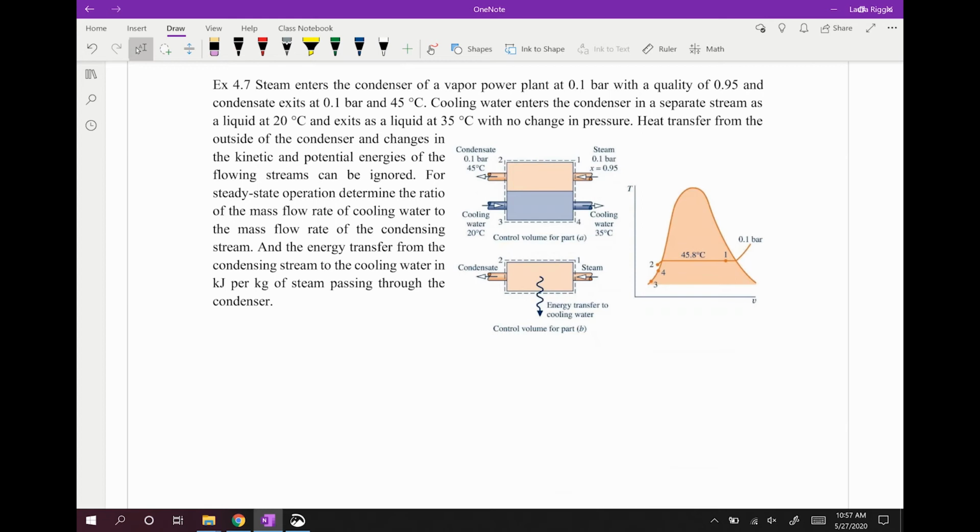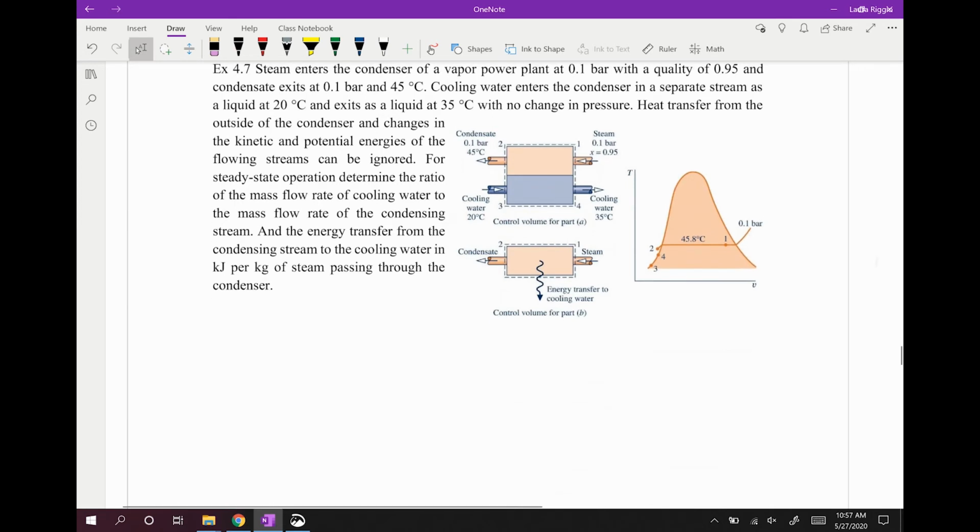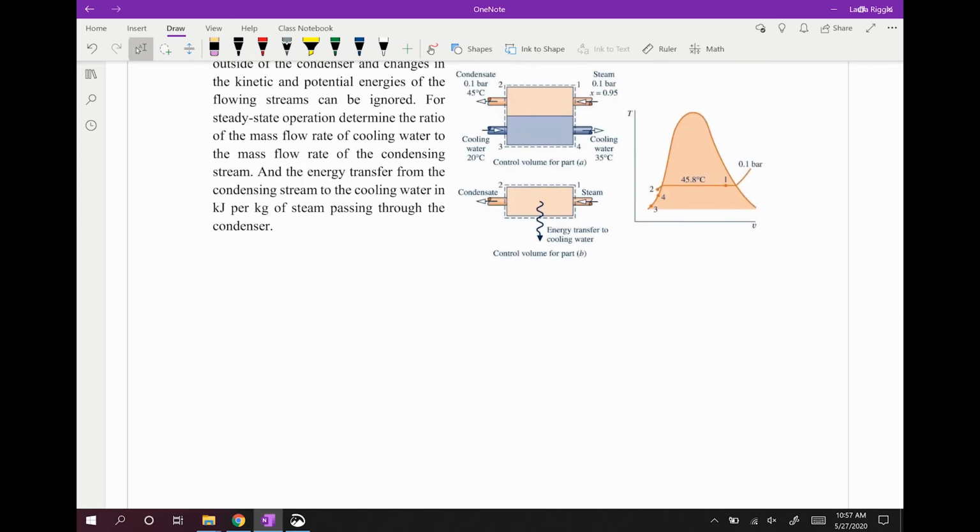Heat transfer from the outside of the condenser and changes in kinetic and potential energies of the flow streams can be ignored. For steady state operation, we want to determine the ratio of the mass flow rate of the cooling water to the mass flow rate of the condensing stream, and the energy transfer from the condensing stream to the cooling water in kilojoules per kilogram of steam passing through the condenser.